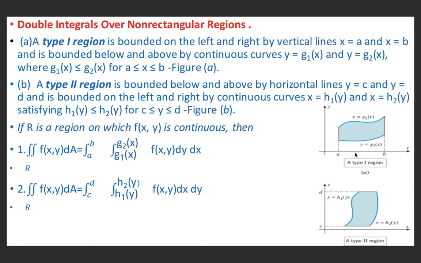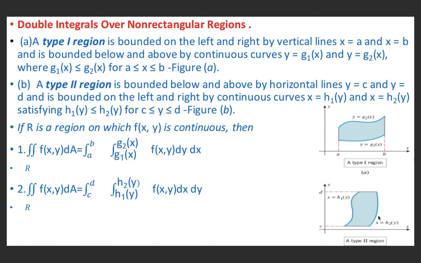If in the region R of type 1, the double integral of f(x,y) is equal to the integral of f(x,y) with respect to y between g1(x) and g2(x), and we will get a function of x. Then we integrate with respect to x between the limits a and b.